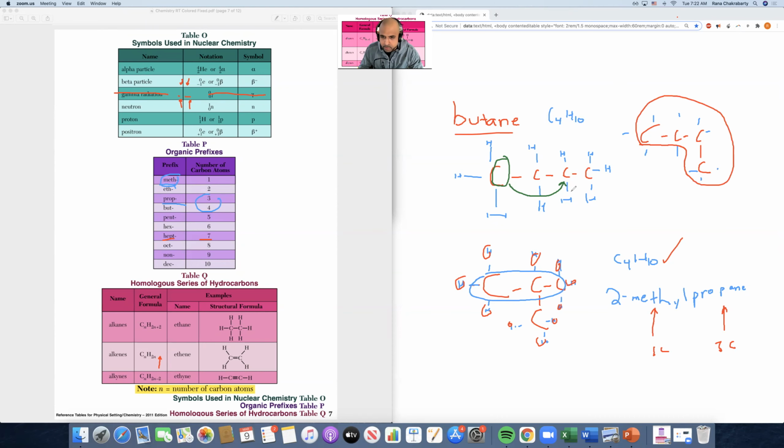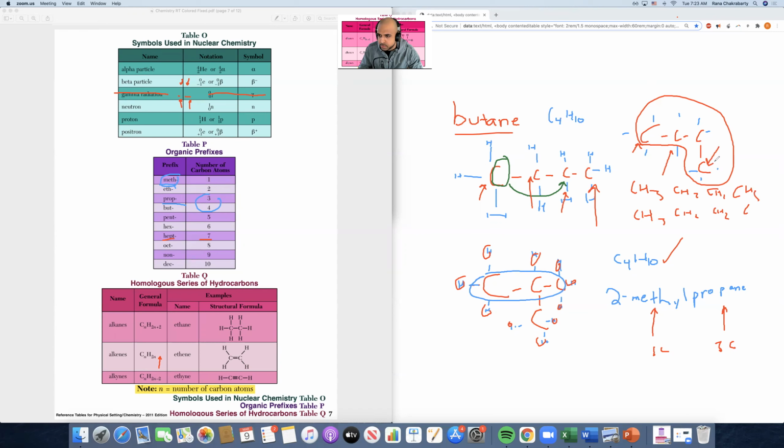Another way of knowing it's not an isomer is, look, this first carbon here is CH3. This first carbon here also has 3 hydrogens around it. This carbon has 2 hydrogens. This carbon also has 2 hydrogens. This carbon has 2 hydrogens, and this carbon has 3 hydrogens.